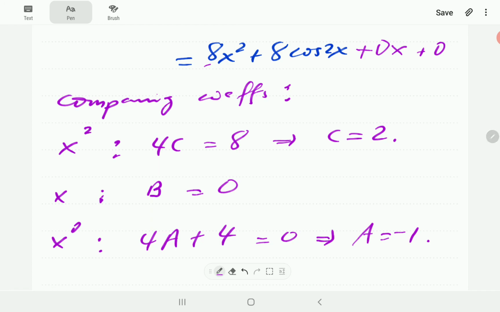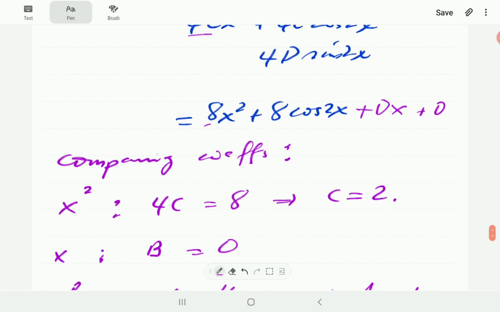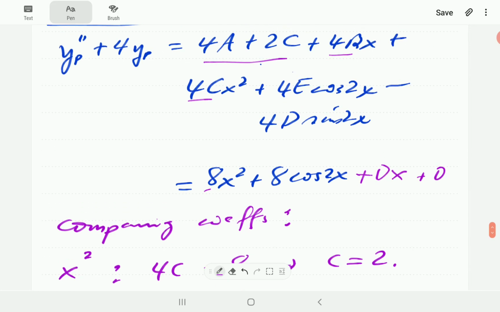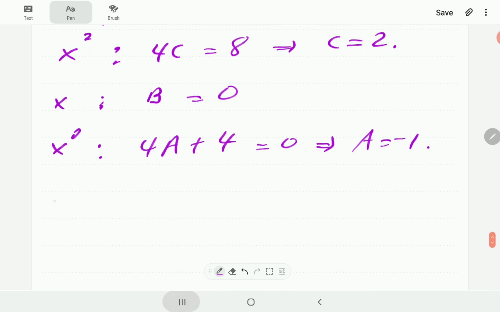Then we go to the sine and cosine terms. On the left hand side, the coefficient of cosine is 4e. On the right hand side it is 8, so 4e must be equal to 8, so e must be equal to 2.